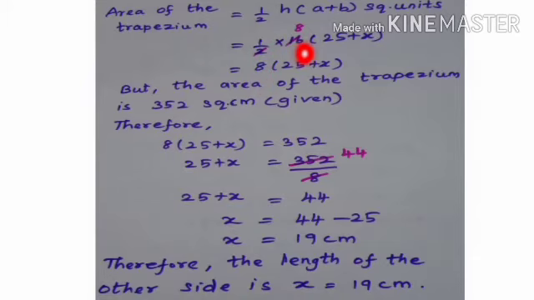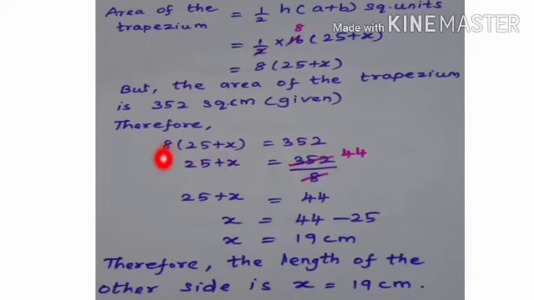So it is 1 time and 8 times. So 8 into (25 plus x) we derived, which is the area of the trapezium. But the area of the trapezium is 352 square centimeter, given in the question itself. So we have to equate these two values. Therefore 8 into (25 plus x) is equal to 352.